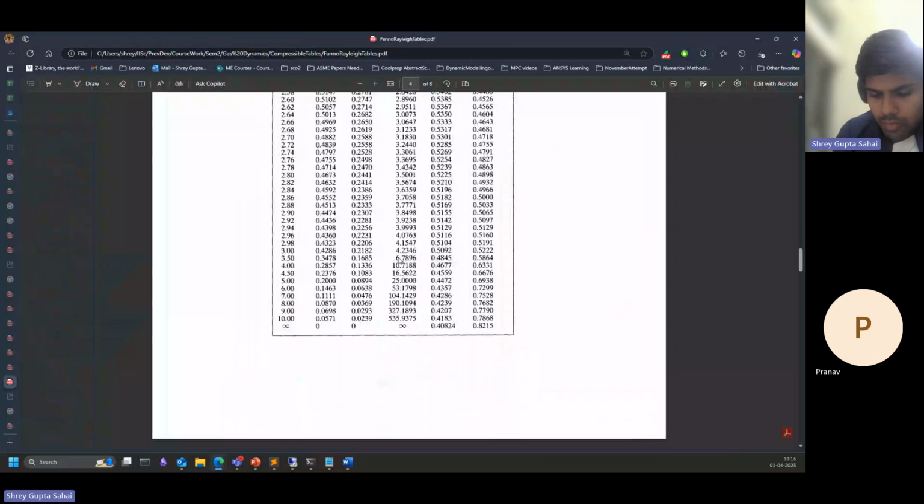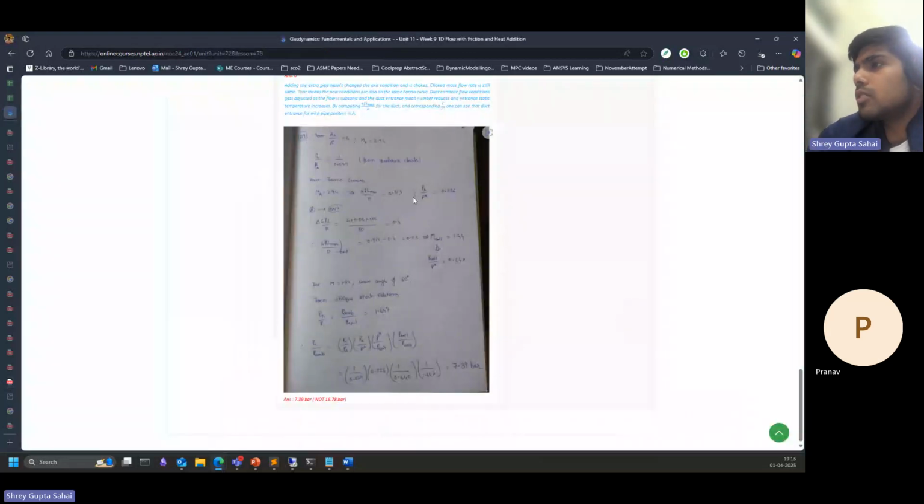0.95 might be 4.05 or something. What is this 0.226? You're able to see the screen, right? What is PA by? Okay, this is the static pressure.